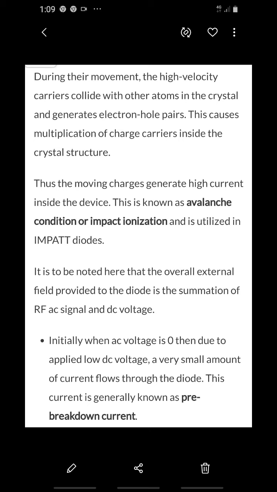Therefore, the moving charges generate high current inside the device. This is known as avalanche condition or impact ionization and is utilized in IMPATT diodes.